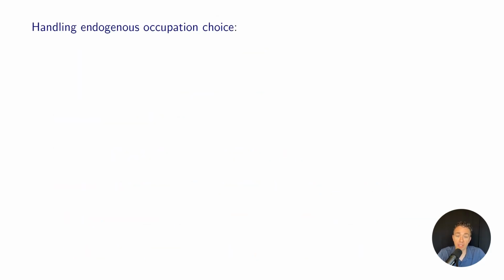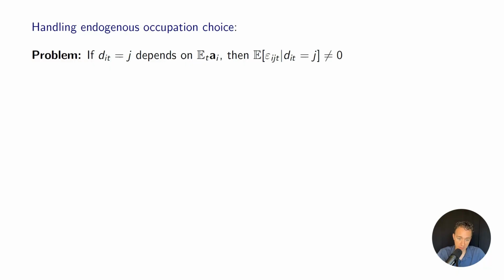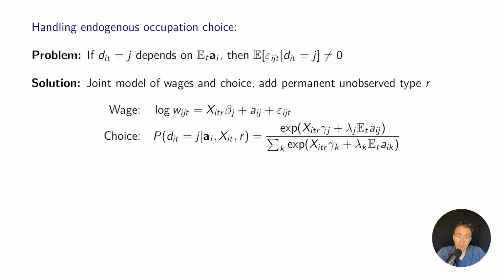So what would this look like if we had to actually handle the endogeneity of occupational choice? Well, this would get us to a situation where the signal that we receive is a function of the belief in the ability, because people would probably want to work in occupations that are with their comparative advantage. And so what we would have to do is introduce a choice model, an occupational choice model, along with our wage model.